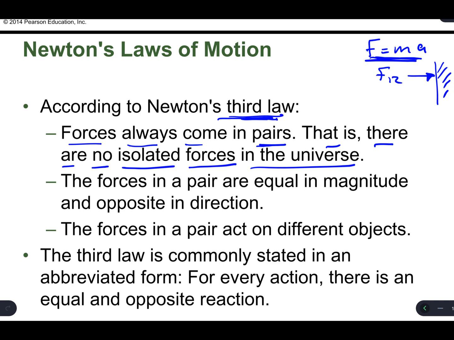The wall will apply a reaction force, from 2 on 1, in the opposite direction. Both are equal and they are in opposite directions. So the forces are always in pairs and are equal in magnitude and opposite in direction.